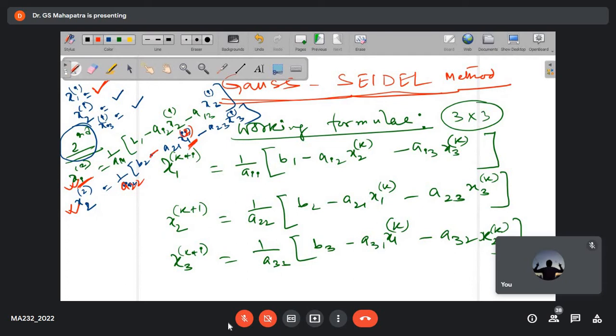Clear? But x3 we don't have any updated value over here, so x3 we have to use from the previous iteration only. Fine.